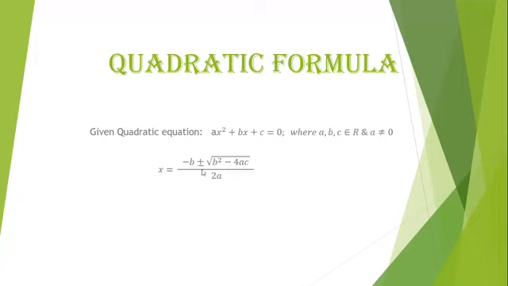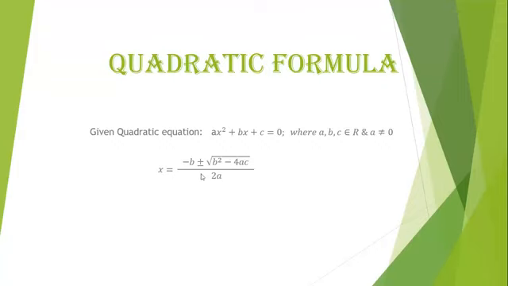Here we use the plus minus sign, as this is a quadratic equation having degree 2, so we should get two answers for x. In a linear equation, after solving, we get only one value of x. But as it is a quadratic equation, there are always two possible values of x which will satisfy the equation.